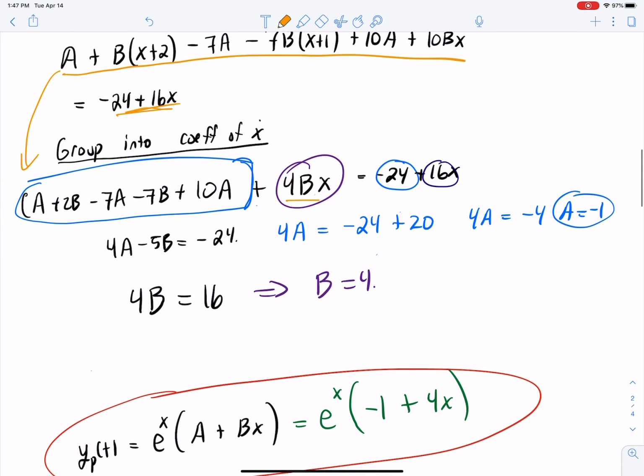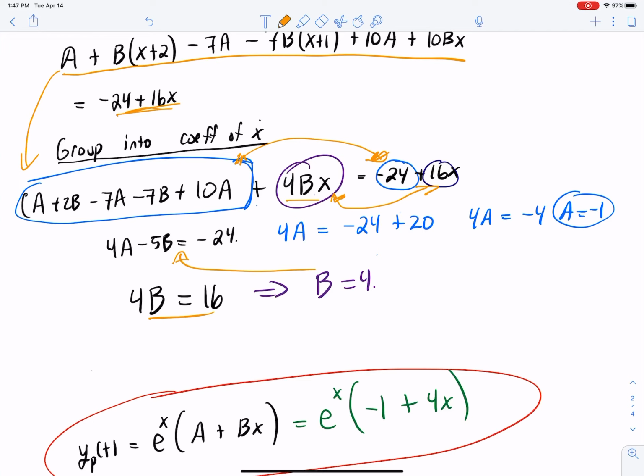Then I'm going to set those equal. I'm going to take blue equals blue, and purple equals purple. The purple equals purple one is pretty easy to solve: 4b is 16, that tells me b is 4. Then I took that right up here and plugged it into my other equation, simplifying this a little bit.